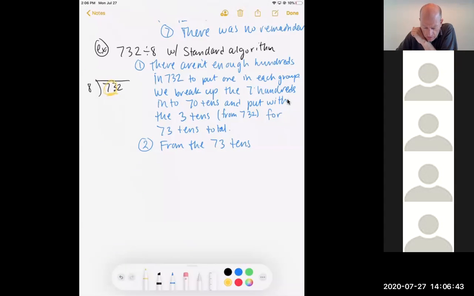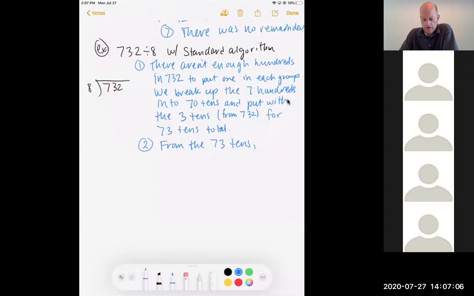But what are we going to do exactly? Put 9 tens into each of the 8 groups. Right.